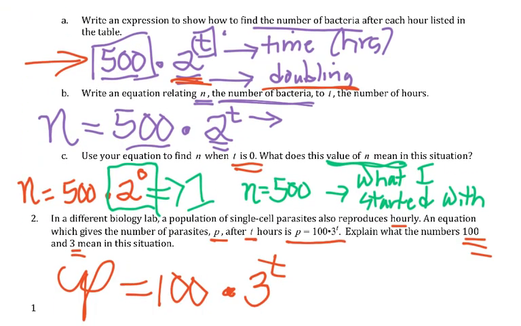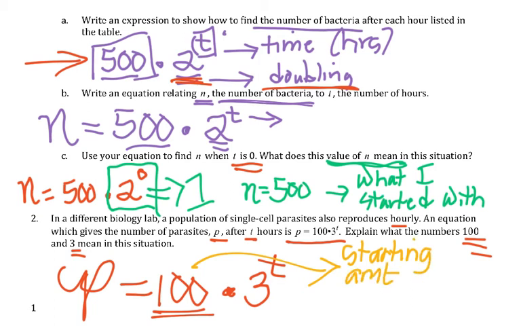So now let's take a look. 100, I'm hoping you figured it out. 100 is the starting amount. Starting, the initial. What I started with. The initial population of those single cell parasites. What else do I know? 3.